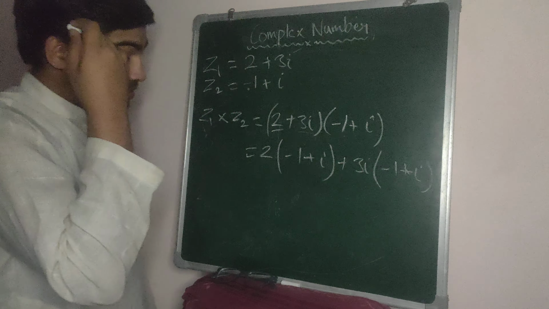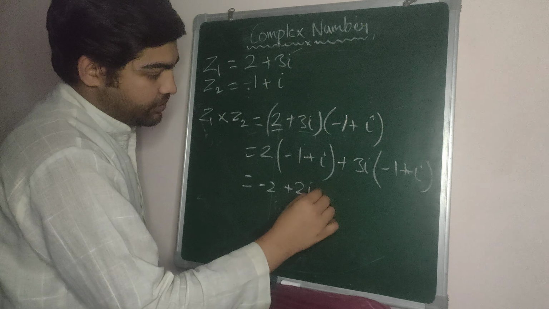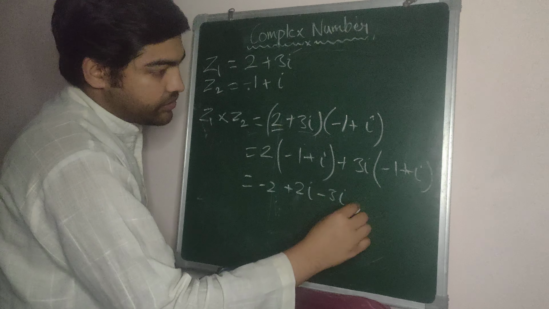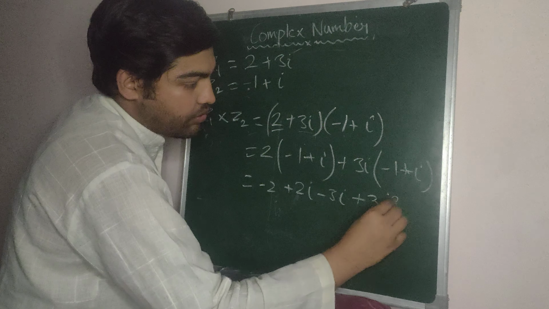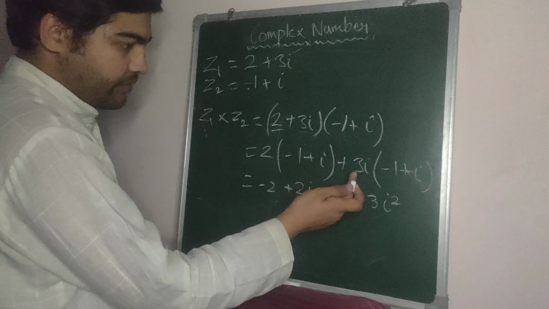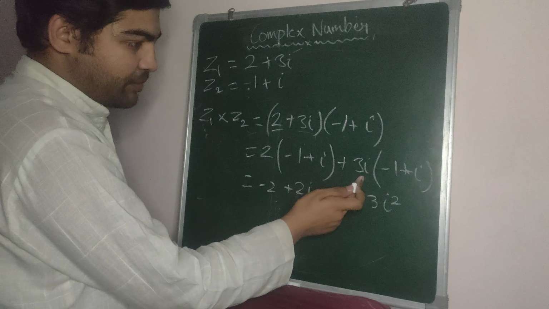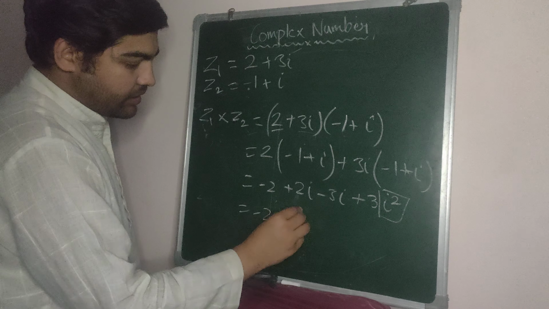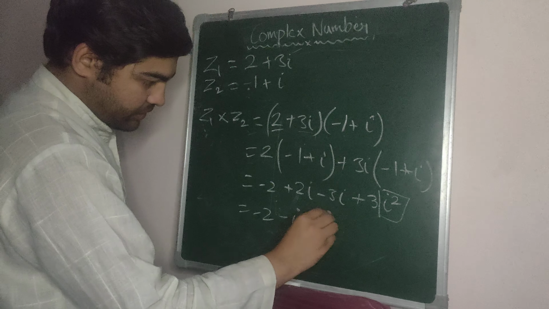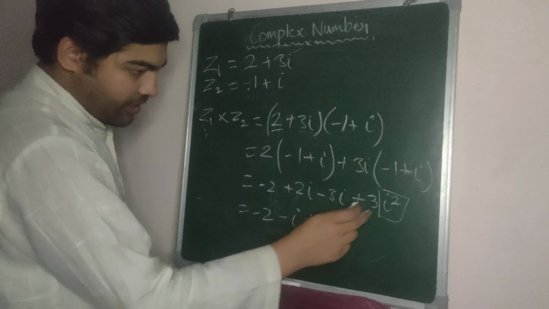Minus 2, plus 2i, minus 3i, and plus 3i square. When you multiply 3i into i, then 3 and i into i is i square. Now we will discuss i square later. Minus 2, 2i minus 3i is minus i. Now plus 3, what is i square here?